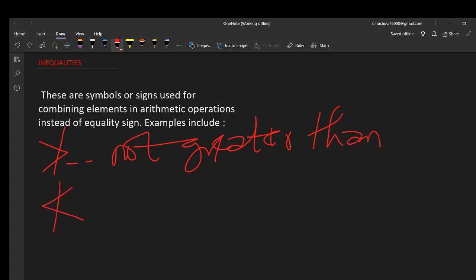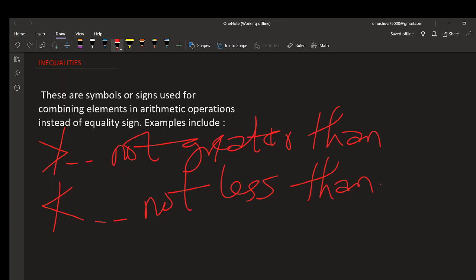If you have this crossed, it means not less than. Are you getting this?